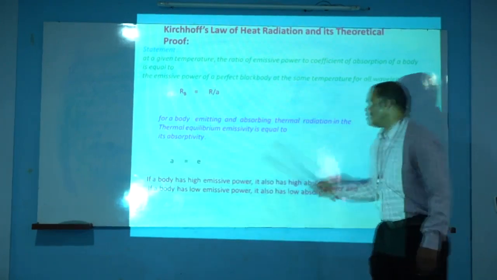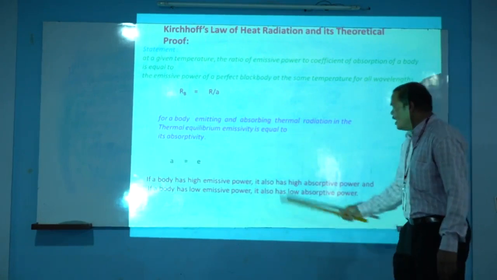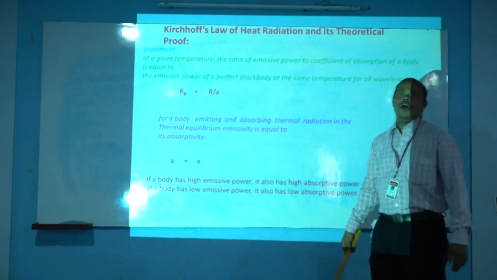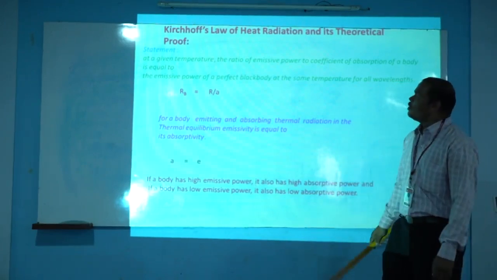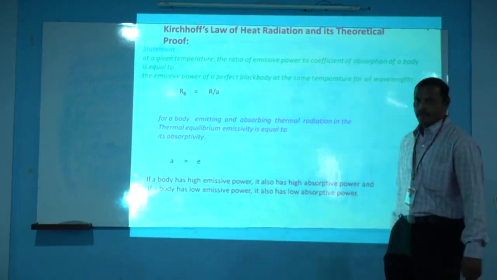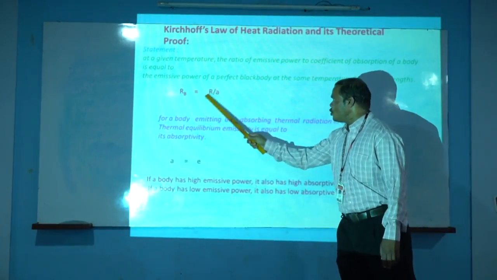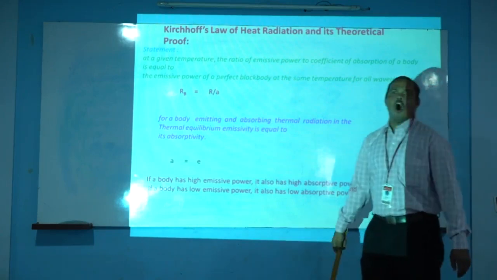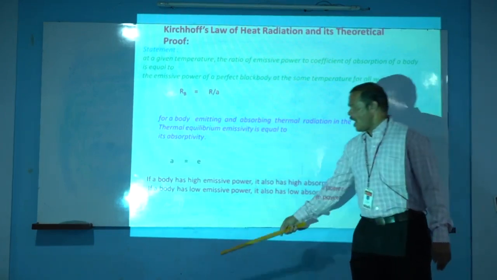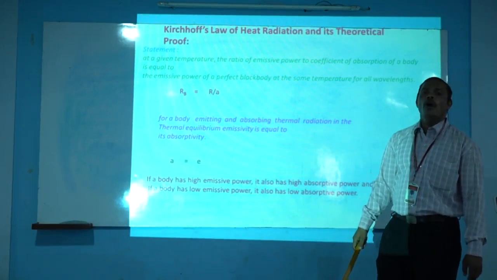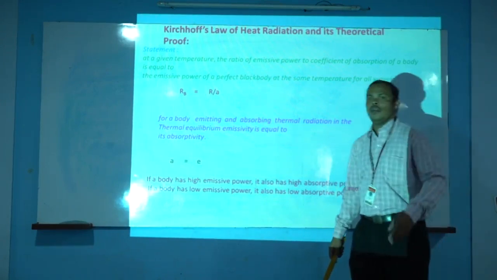Conversely, if a body has lower emissive power, it also has low absorptive power. So this is the statement of Kirchhoff's law of heat radiation. We have to prove that either Rb equals the ratio R upon a, or that the coefficient of absorption is equal to the coefficient of emission.